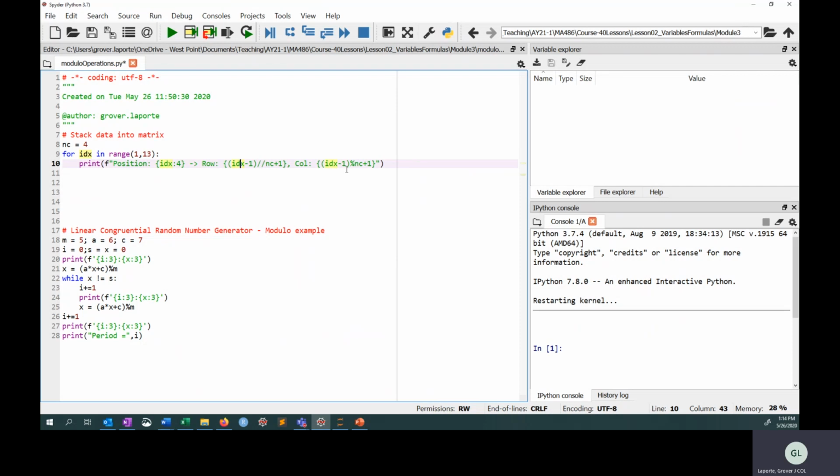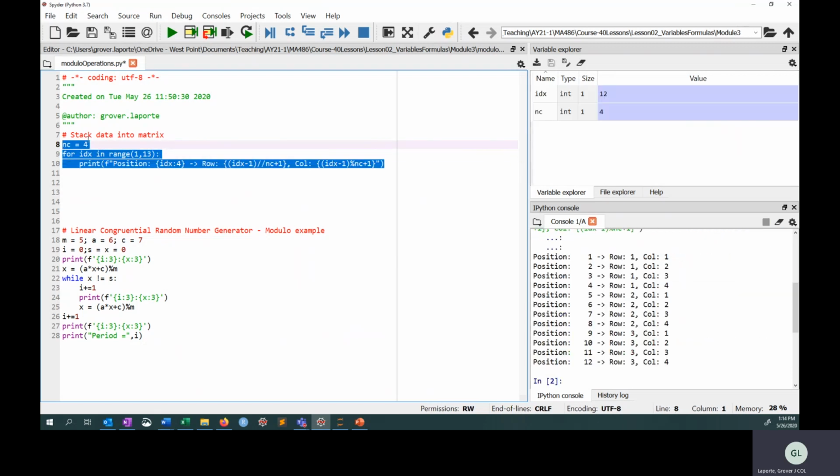Same thing here, IDX minus 1, integer division number of columns, plus 1. So if I put 4 in here, I expect, for position 1, we get 1, 1. For position 2, we get 1, 2, then 1, 3, 1, 4. And I think that's what we wanted.